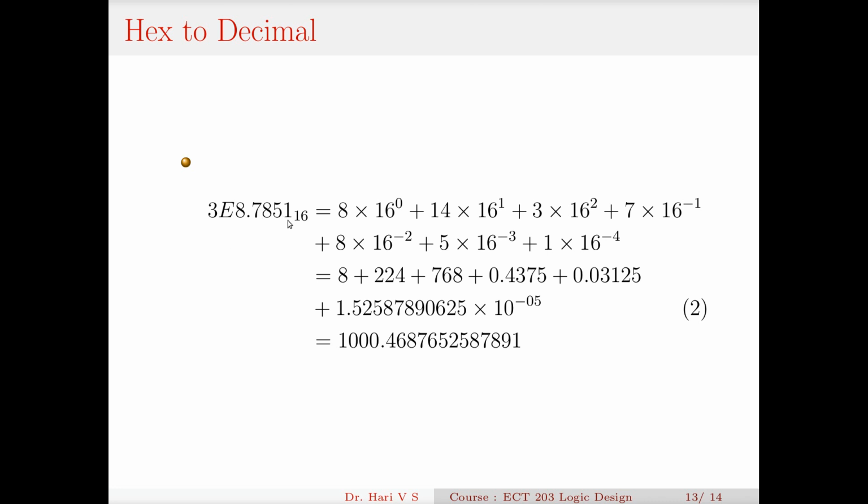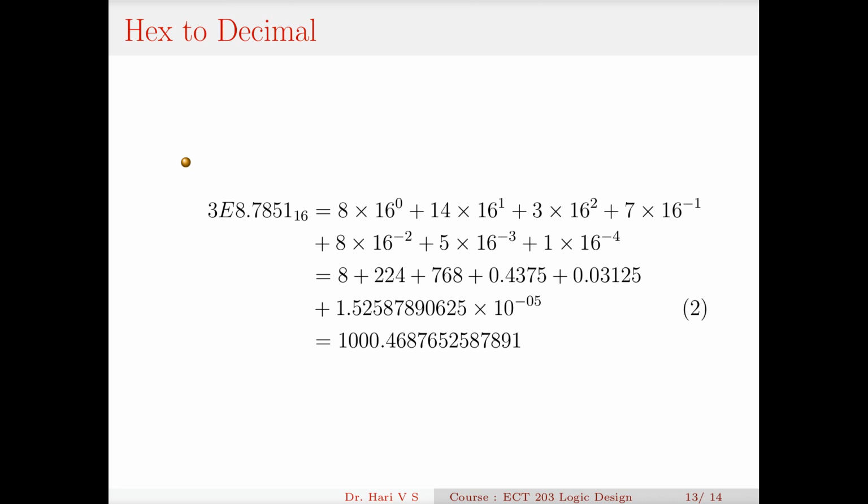You multiply by negative powers of 16, so that it is 7 into 16 raised to minus 1 plus 8 into 16 raised to minus 2 plus 5 into 16 raised to minus 3 plus 1 into 16 raised to minus 4, so that it becomes 1000.4687. You can verify that.